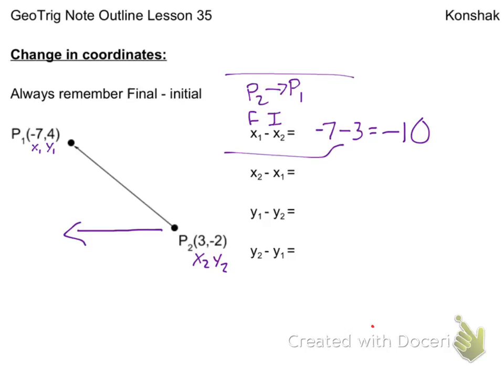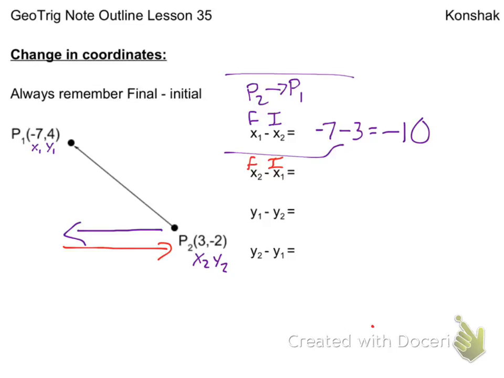Wait a minute, what if I reverse that? What if I said I'm going from point 1 to point 2? I'm going to change the color to red. But wouldn't that mean I'm going this way in the red? That means now I have a final point of x2 and an initial point of x1. But switch their roles.